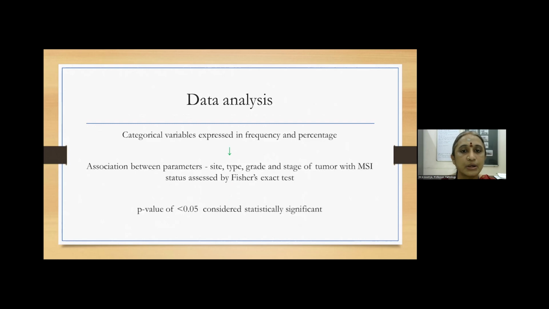The analysis was represented as categorical variables expressed in frequency and percentage, the association between the parameters such as the site of the tumor, the type, grade and stage of tumor in association with microsatellite instability status were assessed by Fisher's exact test. A p-value of less than 0.05 was considered statistically significant.